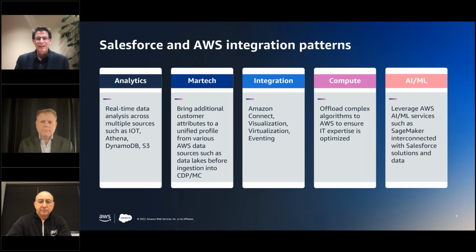Compute, I think that's probably what most people think of when they think about AWS services. How do I take really complex compute problems and derive an outcome from them at scale, at internet scale, not just at enterprise scale, but at internet scale? And so we can do that, right?